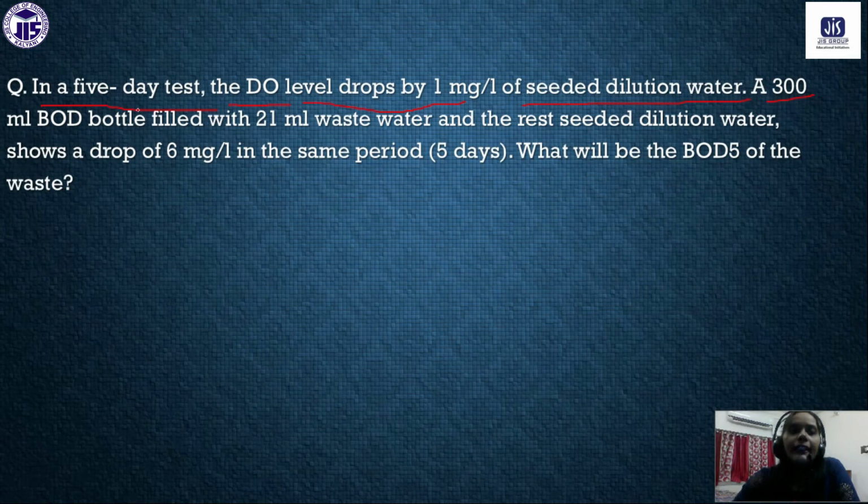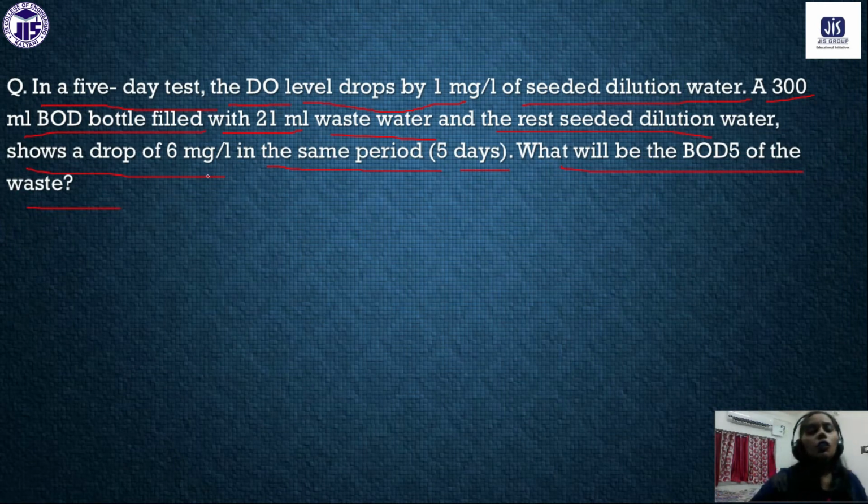A 300 ml BOD bottle filled with 21 ml of wastewater and the rest seeded dilution water shows a drop of 6 milligram per liter in the same period, 5 days. What will be the BOD5 of the wastewater?